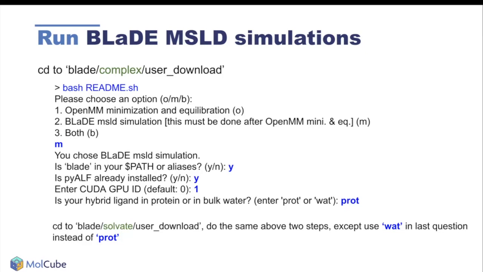And the PyALF package should be accessible in the current Python environment. We can also specify the GPU by entering the GPU ID starting from 0. Last, if this is for the complex system, we put PROT. If this is for the solvent system, we put WAT.